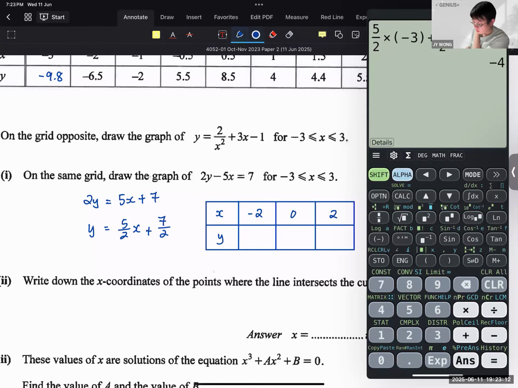Oops. So we should perhaps just use -3. And it will give me -4. So this will just be +3. So this will give me 11. And then when it's 0, it's just 7 over 2, so 3.5.